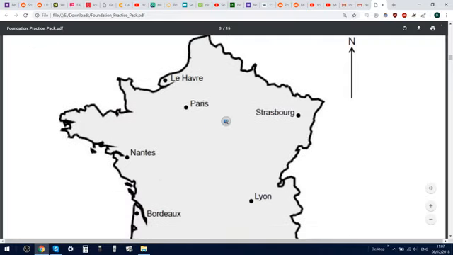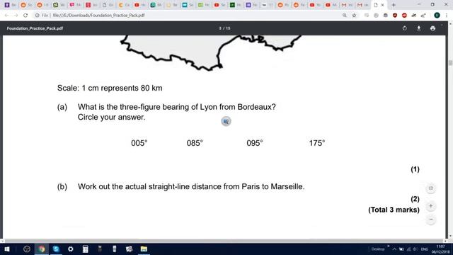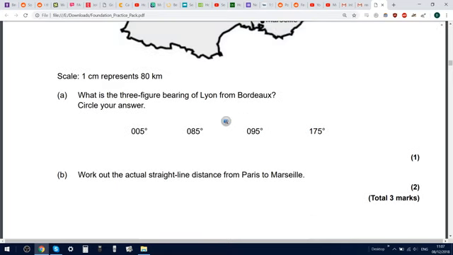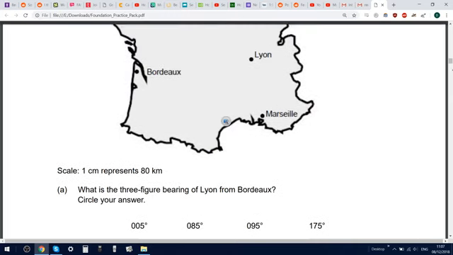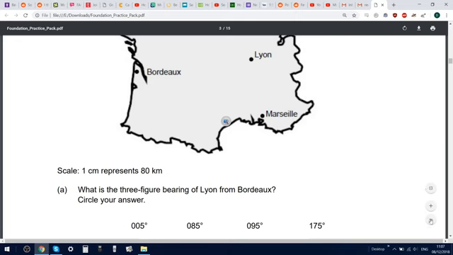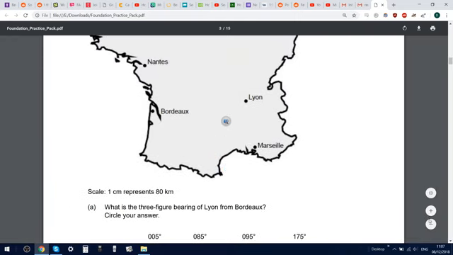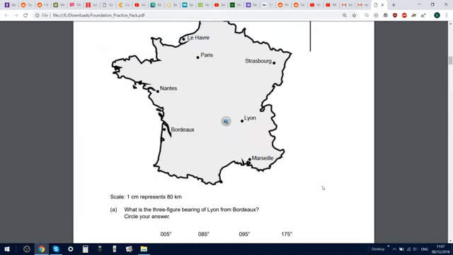Okay. A map of France. What is the 3-figure bearing of Lyon from Bordeaux? So you would have to measure it, but I could just ask you which one it is. I'm not sure.